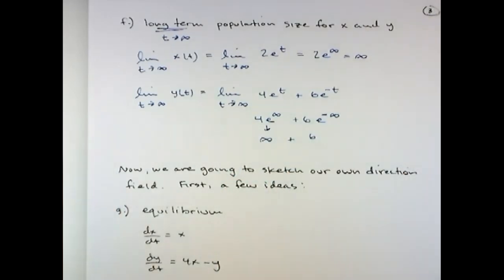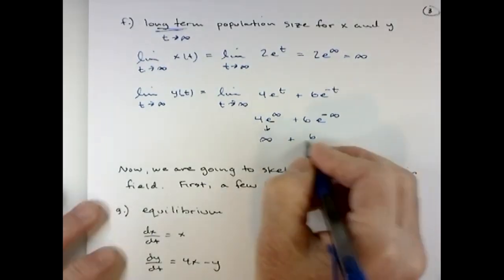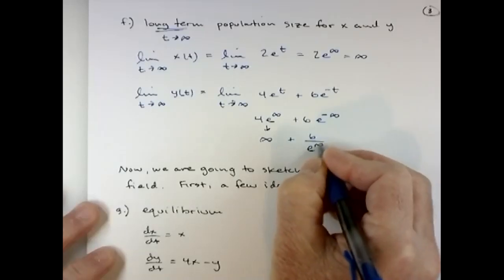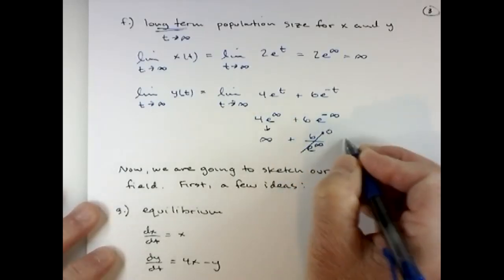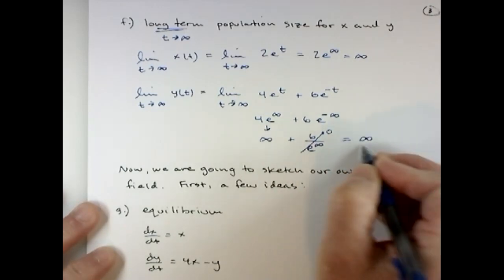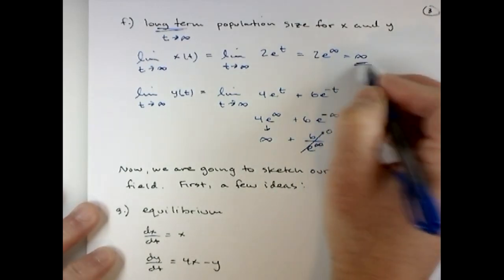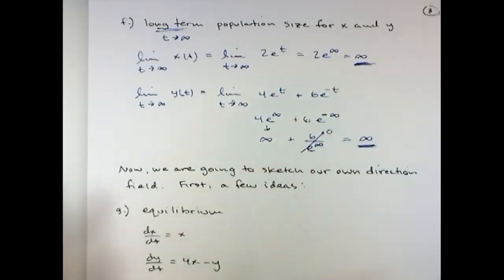And if I think of this as 6 over e to the infinity, this term is going to go to 0. Good. So I'll get infinity, right? So both populations can thrive, right, under this scenario, under this model, with the particular parameters we have.